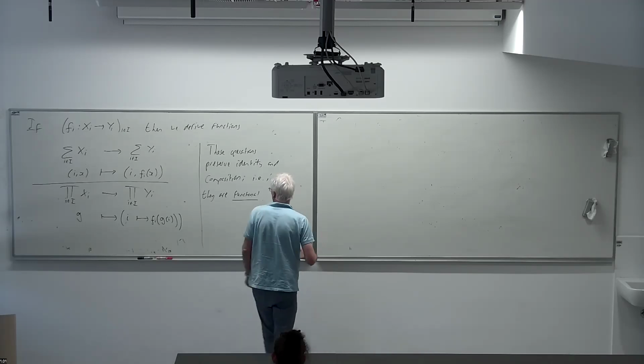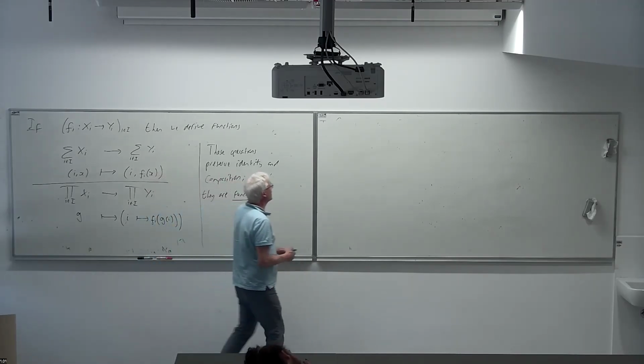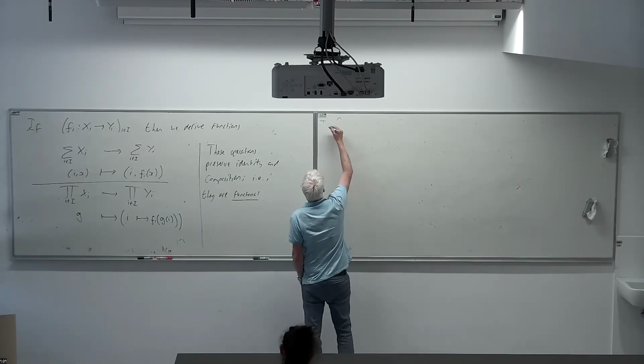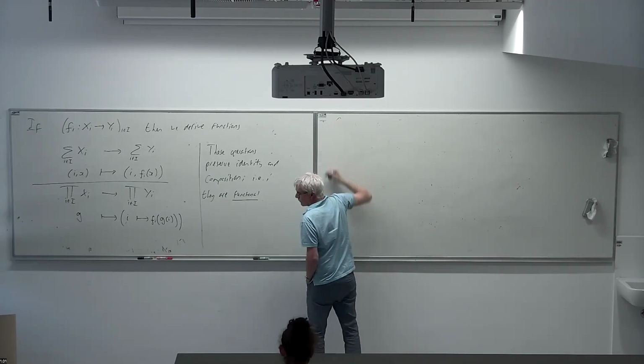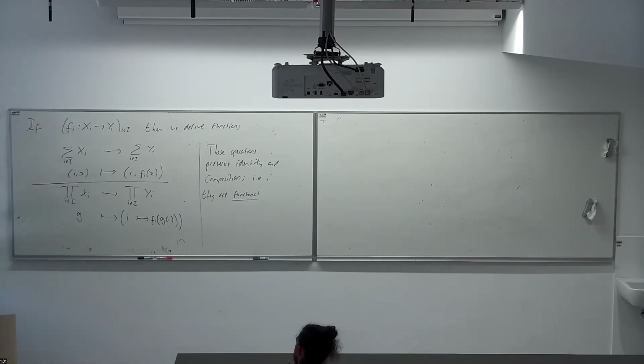We would like to get something similar for these indexed sums and products, so for infinite sums and products. And indeed, we are going to have that. Do I call this a theorem or a proposition in the notes? Okay, proposition.